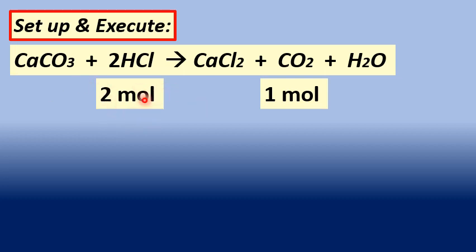So to continue with our computation for the number of moles of one of the products, carbon dioxide gas, based on this balanced equation, the 2 moles of hydrochloric acid, when made to react with calcium carbonate, will produce 1 mole of the carbon dioxide gas.